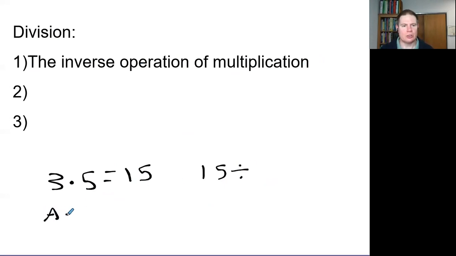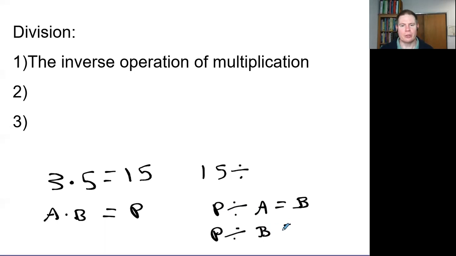I'll say in general, A times B equals the product. That product divided by the one gives me the other, or divided by the other gives me the A. 15 divided by 3 equals 5, or 15 divided by 5 equals 3.